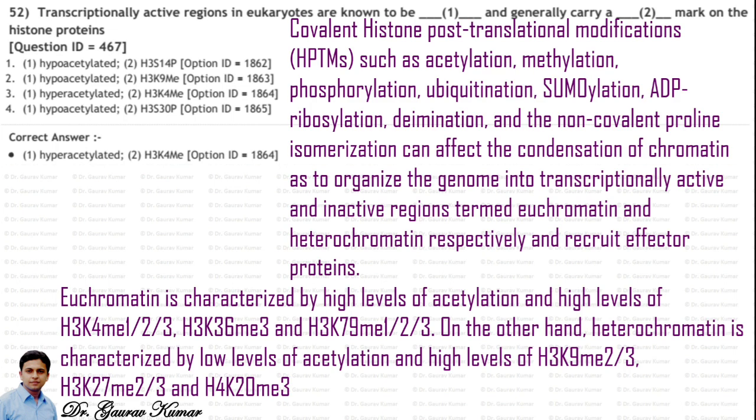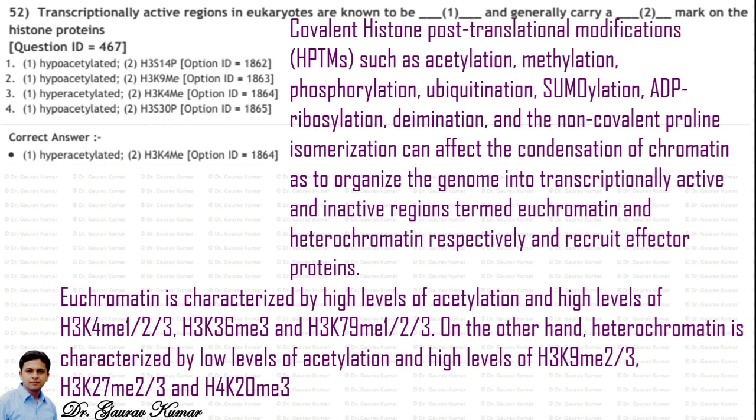Covalent histone post-translational modifications, that is HPTMs, such as acetylation, methylation, phosphorylation, ubiquitination, sumoylation, ADP ribosylation, deamination, and the non-covalent proline isomerization can affect the condensation of chromatin so as to organize the genome into transcriptionally active, that is euchromatin, or inactive regions, that is heterochromatin, respectively, and recruit effector proteins.